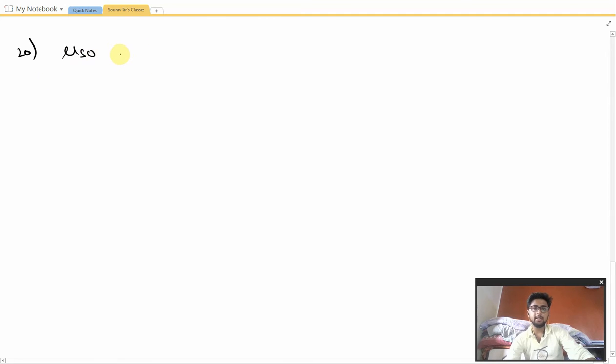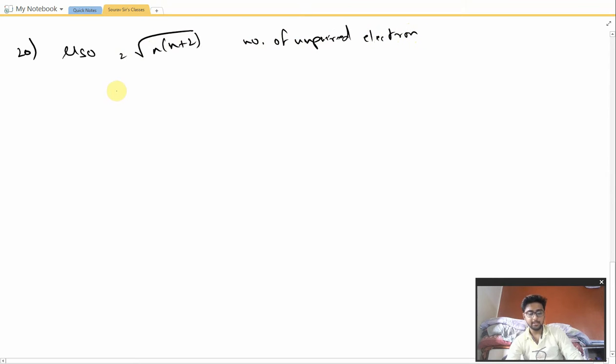Okay, so we know the formula is root of n into n plus 2, where n is the number of unpaired electrons. Now we have the calculator with us. The first value that is given is for Mn3 plus, which is 4.95. This is equal to root of n into n plus 2.